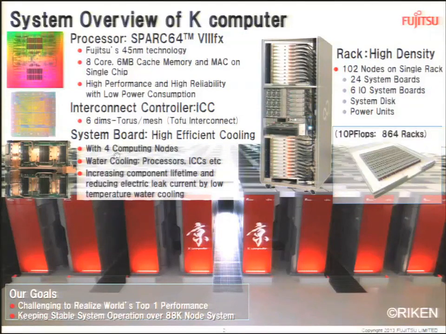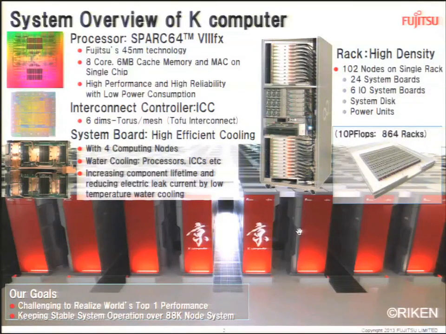We took low-temperature water cooling to increase component lifetime and also reduce electric current. And here's the rack, with 24 system boards and 6 IO nodes, so this composes 102 nodes in a single rack. The total system with 10 petaflops consists of about 864 racks.